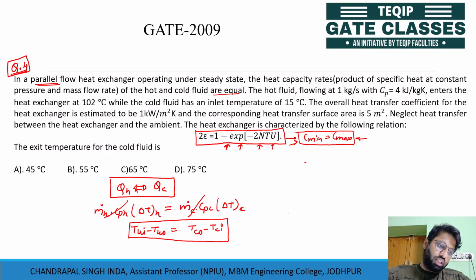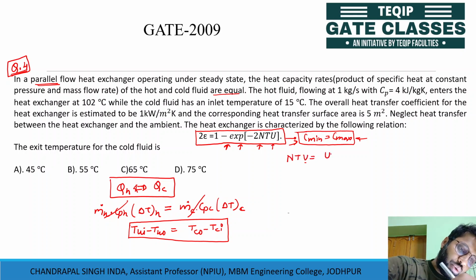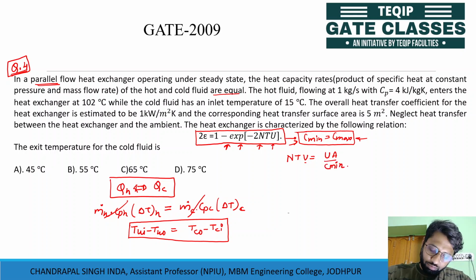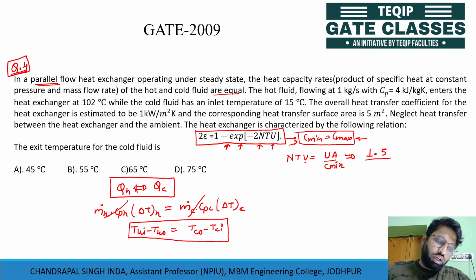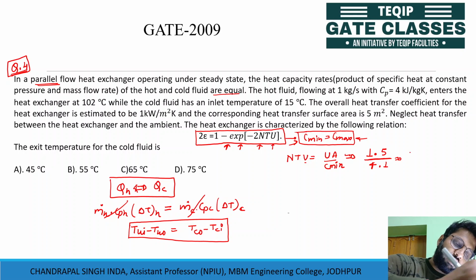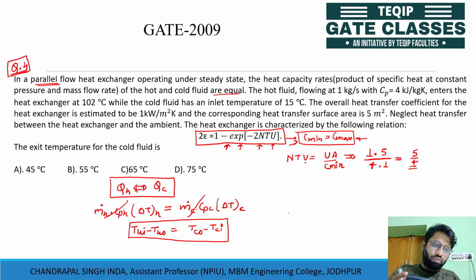So let's find the effectiveness by using the NTU method. NTU is equal to UA by C minimum. The value of U is 1 kilowatt per meter square Kelvin, and the area is 5 meter square. Here we have to put all values in SI units, and the specific heat of the fluid is given as 4 and the mass flow rate is 1. Then we have 5 by 4 as the NTU value. So let's find the value of effectiveness.